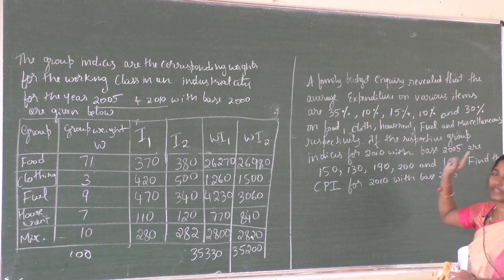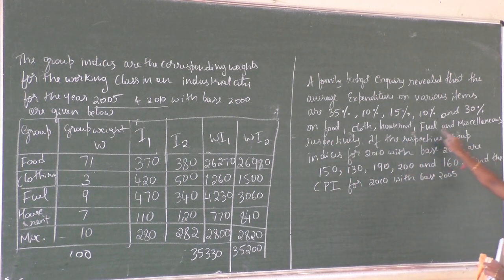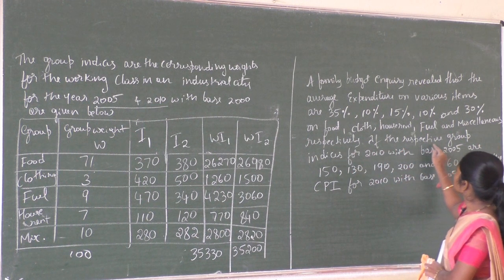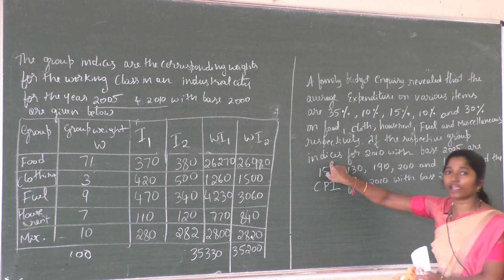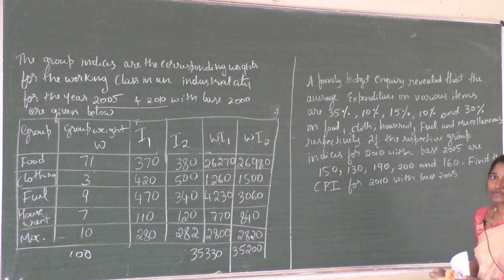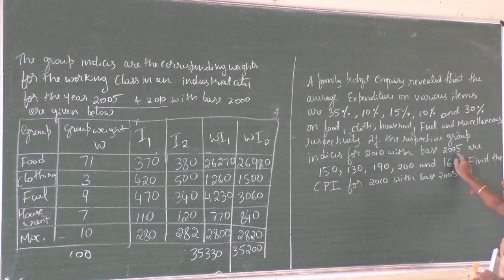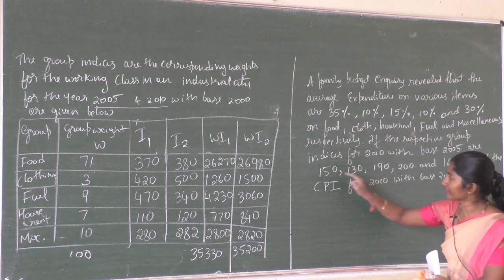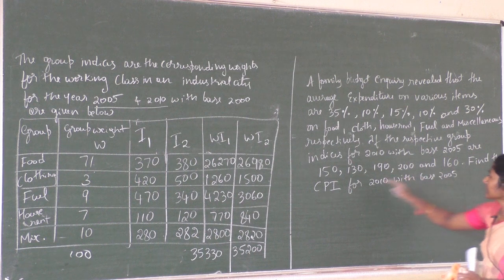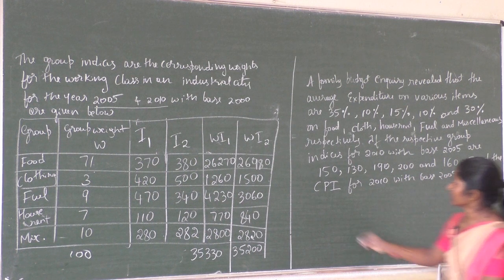They are on food, cloth, house rent, fuel and miscellaneous respectively. The respective group indices are given, therefore we use the family budget method. For 2010 with base 2005, the values are 150, 130, 190, 200, 160. Find CPI for 2010 with base 2005.